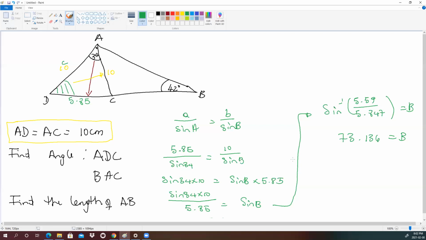So Shauna, your answer will be correct. The thing is, why I get that answer is that when I plug sine 34 in the calculator, I don't round it off, I just multiply by 10 at the same time. So I'm going to get that answer, but it's fine. Don't worry about it.